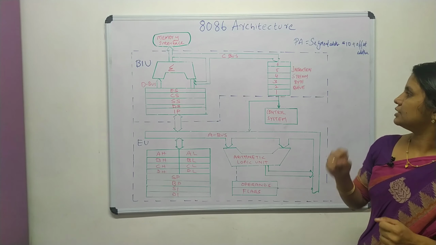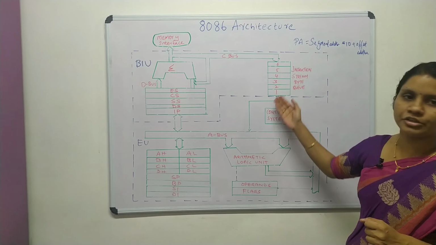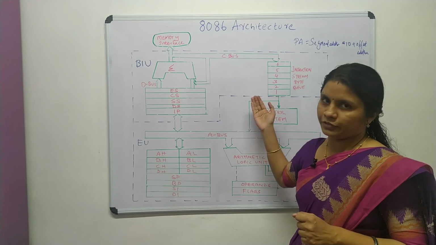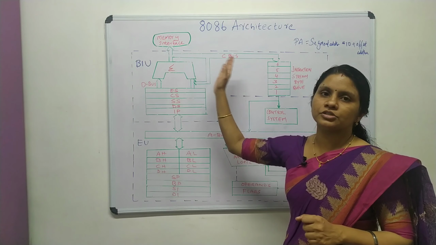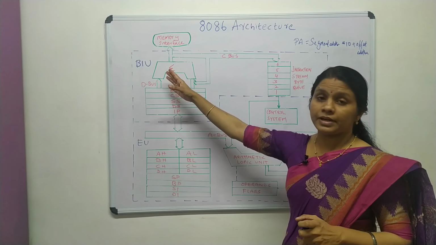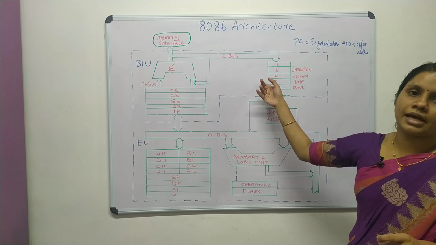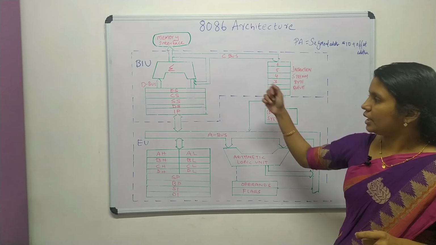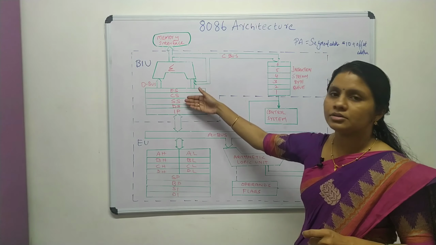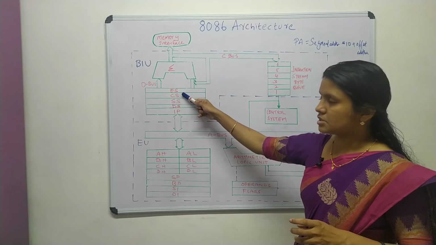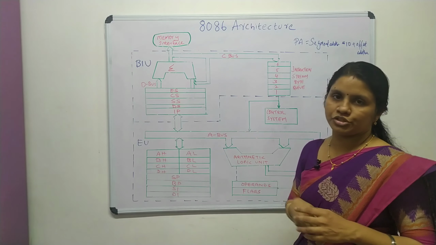Fine. So the execution unit will take each instruction from the queue and execute that instruction, and the BIU will fetch the instructions and place them inside the queue. And this BIU contains these segment registers: extra segment, code segment, stack segment, data segment, and the instruction pointer.